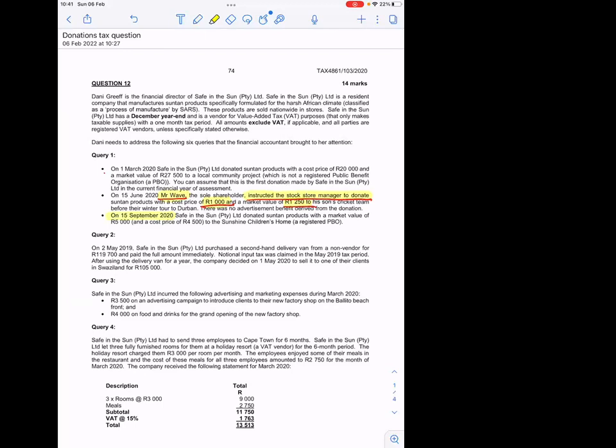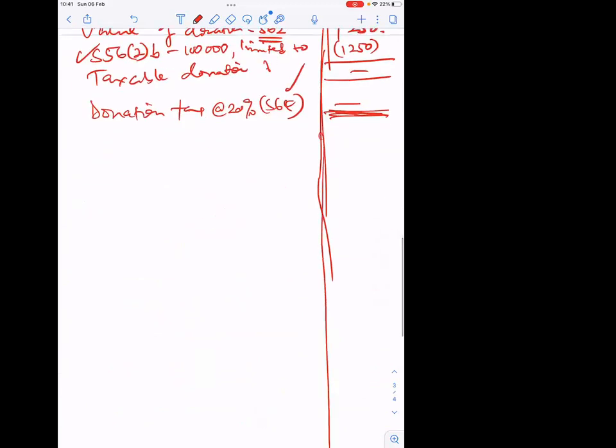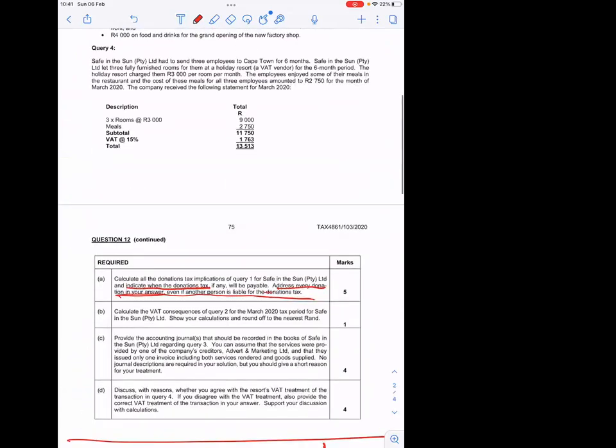On 15 September 2020, Safe in the Sun donated sun tan products with a market value of 5,000 and a cost of 4,500 to the Sunshine Children's Home, a registered public benefit organization. There you go. Donation to Sunshine.